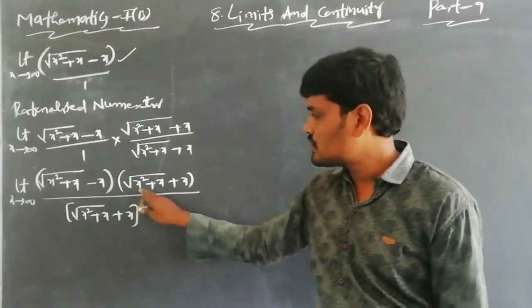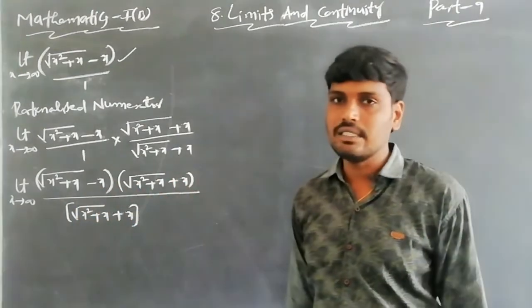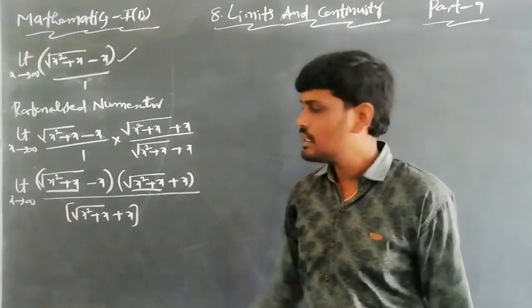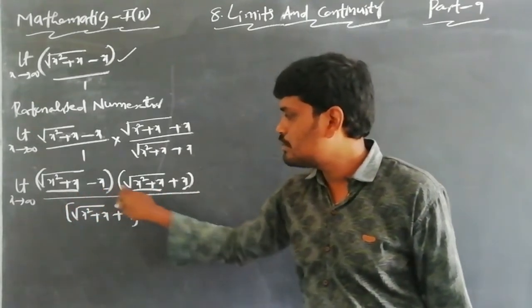Observe here: square root of x square plus x is there, and x is there in both. Suppose this one is a and this one is b. Here it is in the form of a minus b into a plus b.